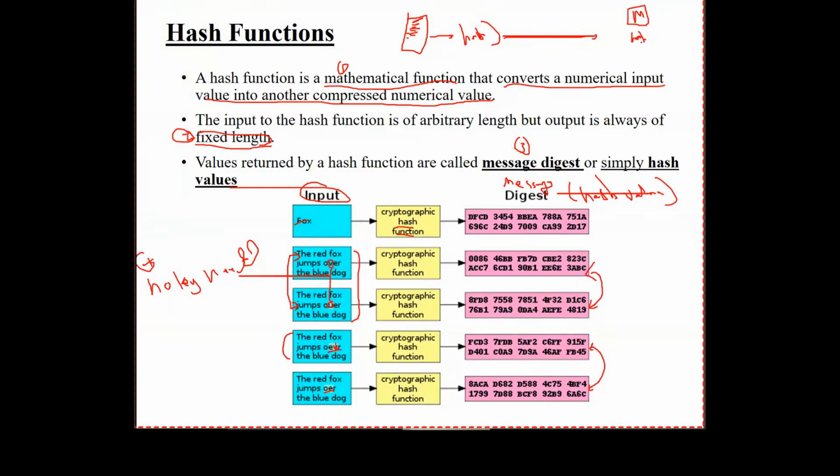How do we make sure that this is not changed? The person needs to calculate the hash again from the beginning and compare, because you cannot reverse the hash. If they are the same, then the message is not changed. If there's a difference, then the message is changed. Very simple. So this is the hash function.